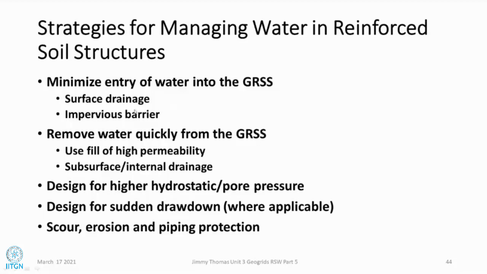Even with all this, if hydrostatic pressure develops, we have to design for that. But this is going to be very, very costly. Then design for sudden drawdown wherever applicable. Like in the third situation we have seen, during a flood season there is a sudden drawdown. We have to design for that. And proper scour, erosion, and piping protection.